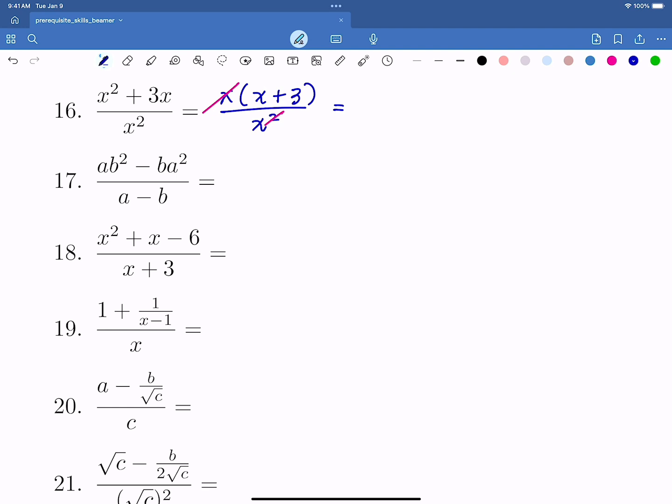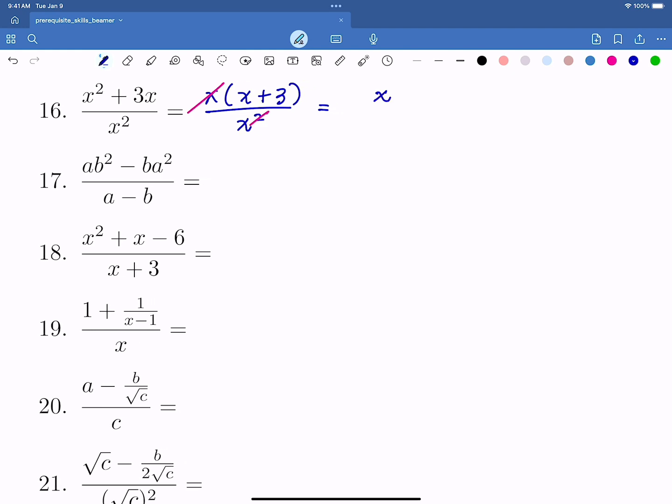When you have factors in the numerator and denominator, only cancel them out if they're factors. Only cancel out common factors, not just numbers or variables, but factors. That x is factored out. X is a factor in the numerator. There's also an x as a factor in the denominator, so those cancel out, leaving us with x plus 3 over x.